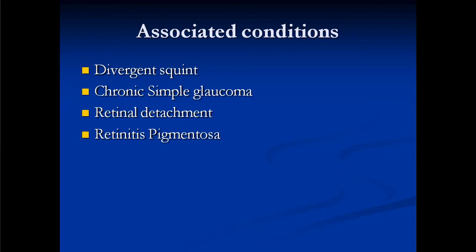Then it may be associated with chronic simple glaucoma, wherein the angle is wider, but still the IOP is raised. Then there can be retinal detachments, especially in degenerative myopias. Then retinitis pigmentosa is a condition wherein the patient is not able to see in the nights, or night vision is defective. These are the conditions that can be associated with myopia.